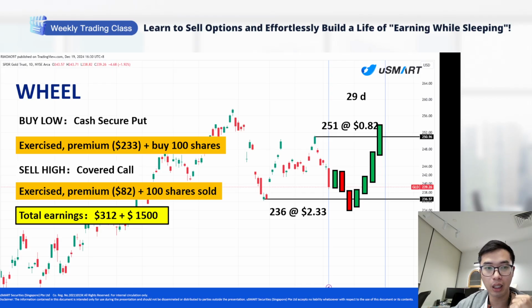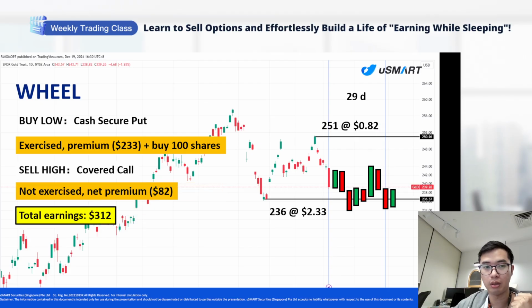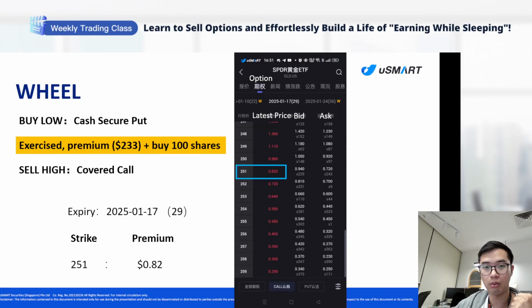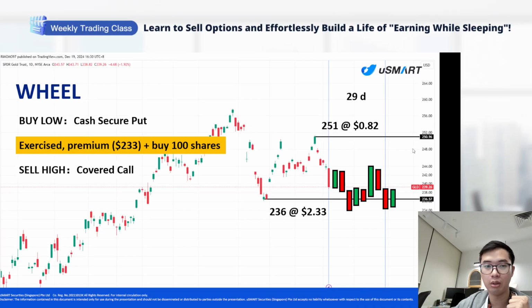So in this case, if I want to sell at 251, and the premium is 0.82, what happens? If it doesn't hit 251, I will continue to get this 0.82, and after maybe the expiry date, I will continue to sell another call.